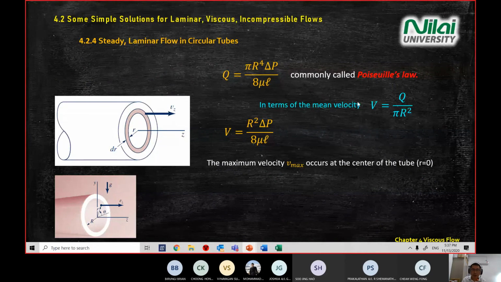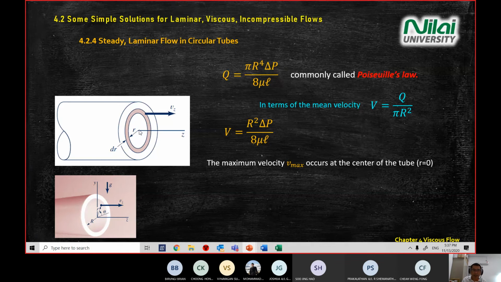V also, we can put in this term. In the experiment, we know that V equals Q divided by pi r squared, which means Q equals VA, and the area is pi r squared. So we just rearrange, put this term inside here, and we get our velocity.